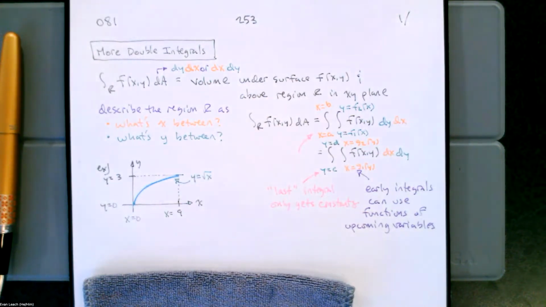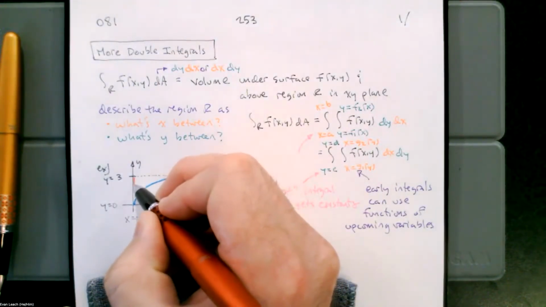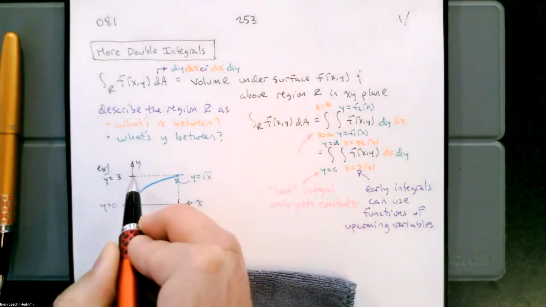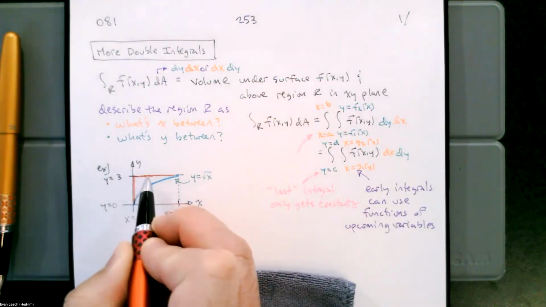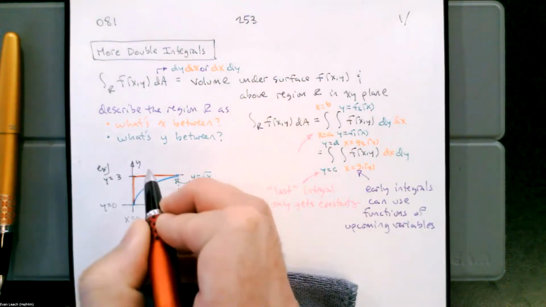The region that I want is the region above this curve and under y equals 3. So the boundaries are x equals 0, y equals 3, and there's my region.